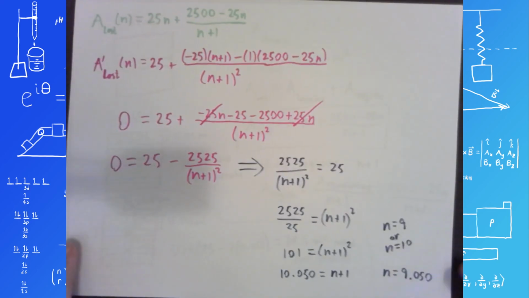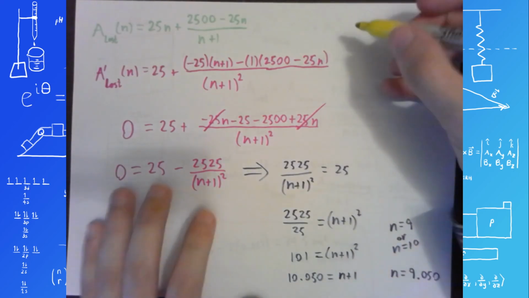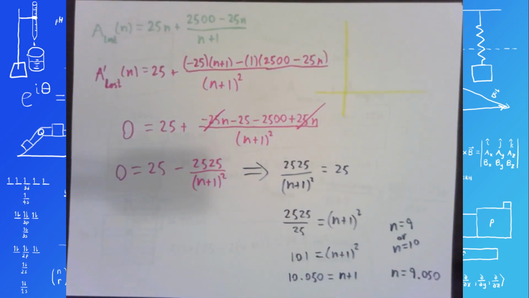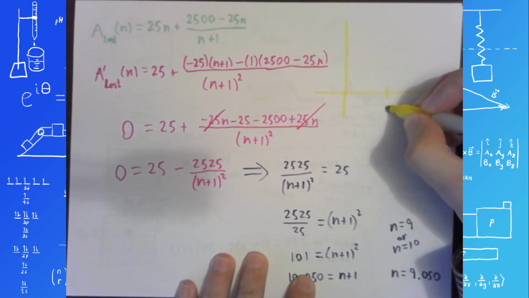You might think that we should only try n equals 9 because it's the closest, but that's not really a guarantee in calculus. So let me see if I can illustrate this with a good example. Let me see if I can draw a graph where you could have either a rapid increase or a rapid decrease. Let's say, for example, that 9 is over here and 10 is over here.